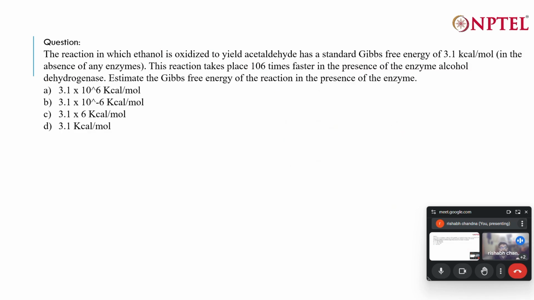The second question: the reaction in which ethanol is oxidized to yield acetaldehyde has a standard Gibbs free energy of 3.1 kilocalorie per mole in the absence of the enzyme. This reaction takes place 10^6 times faster in the presence of the enzyme alcohol dehydrogenase. Estimate the Gibbs free energy of the reaction in the presence of the enzyme.